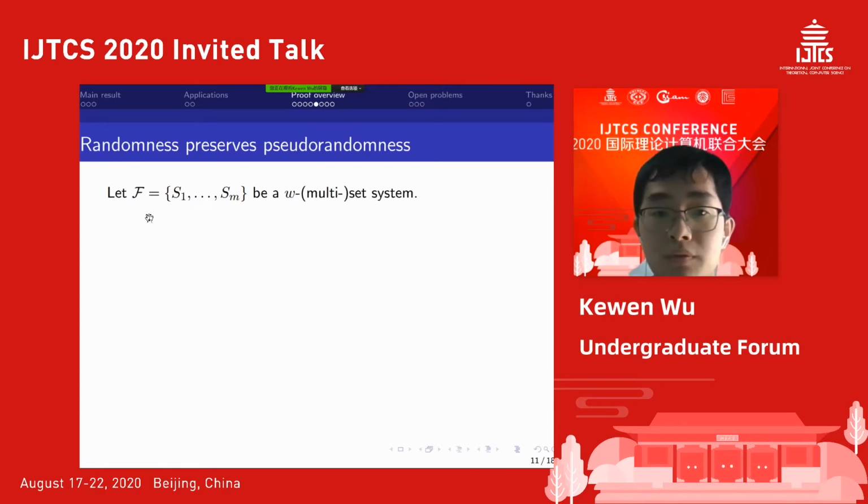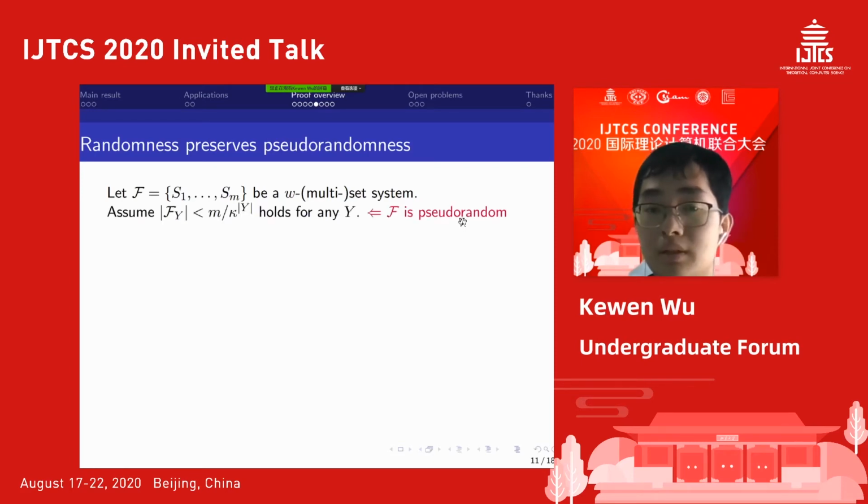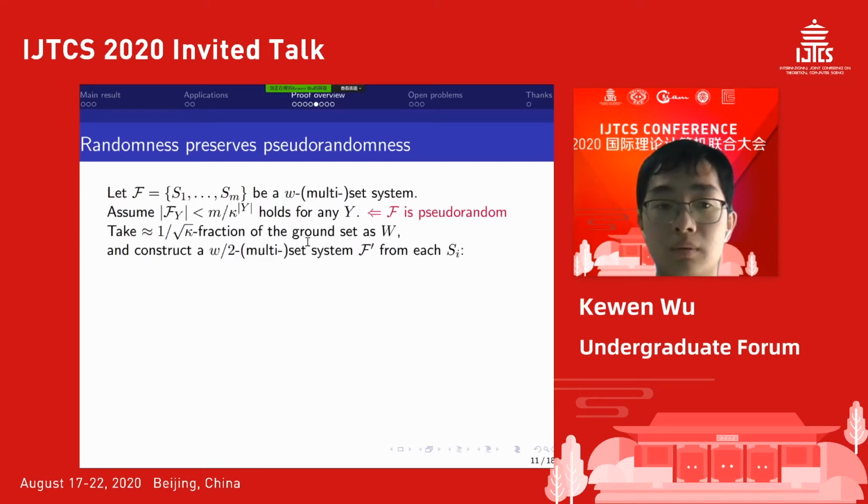Still, assume F is a W set system, and for convenience, we will focus on the multi-set system. That is, we allow S1 to be perhaps S2. Assume this set system F is pseudorandom. That is, the size of link F_Y is at most M divided by kappa to the size of Y, and this holds for any set Y. Now we will analyze how this set system behaves under random restriction.